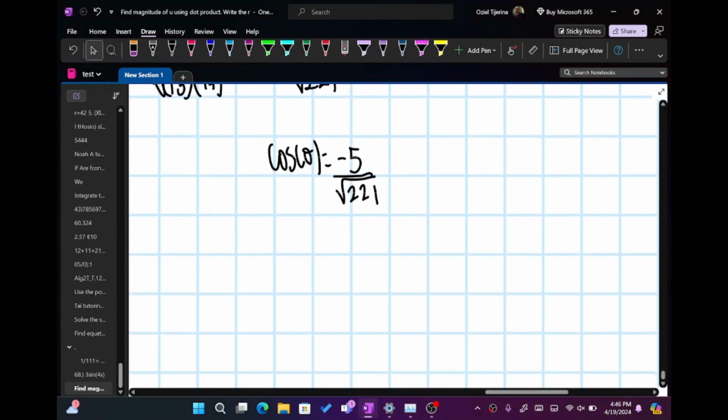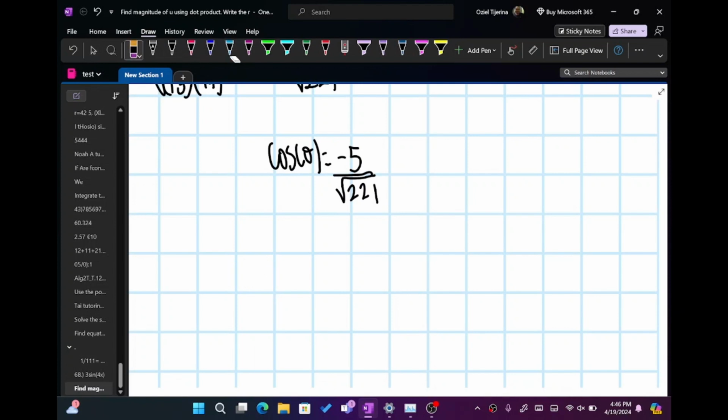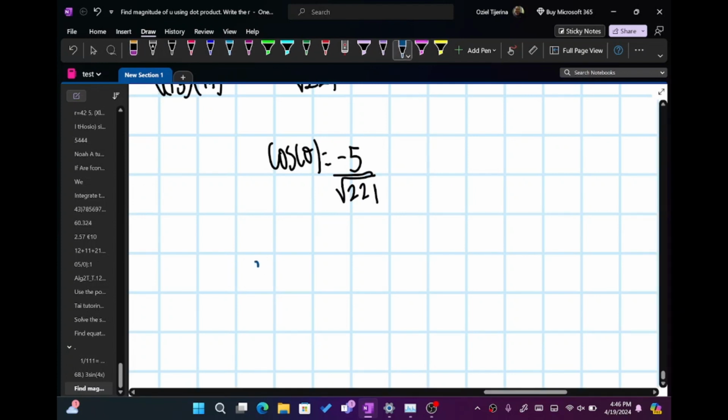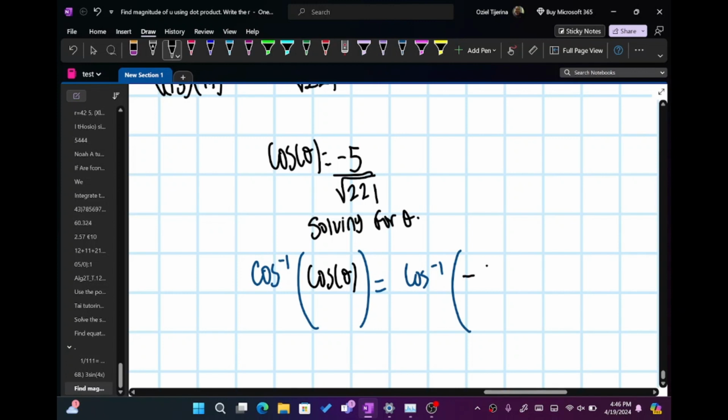In other words, solving for theta, cosine inverse of cosine of theta is equal to cosine inverse of negative 5 over the square root of 221.